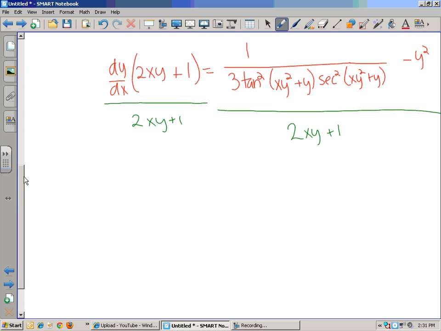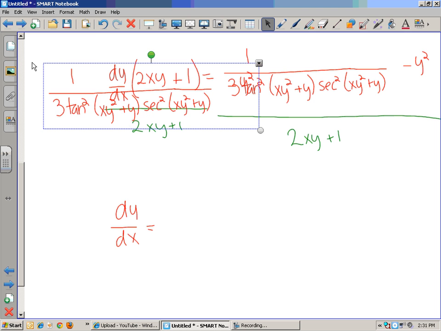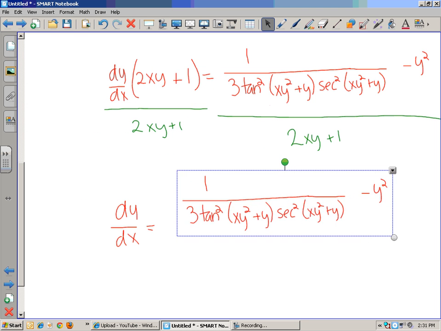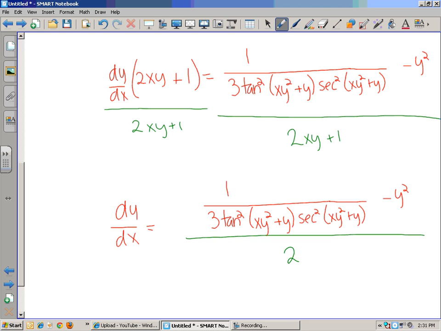And then, so my final answer. There's the numerator all over the bottom. And that's my final answer.